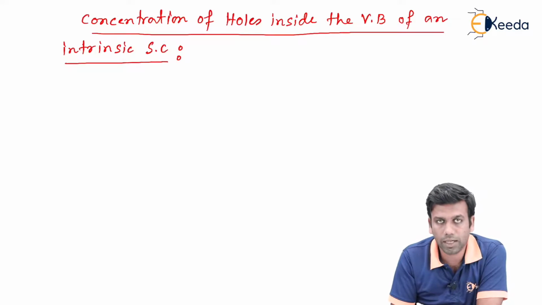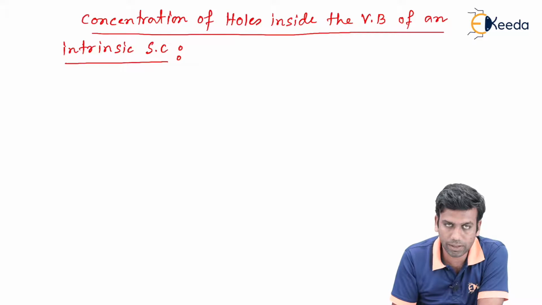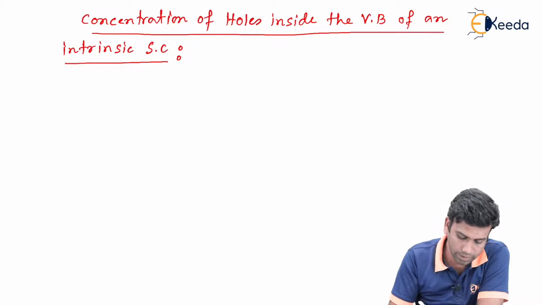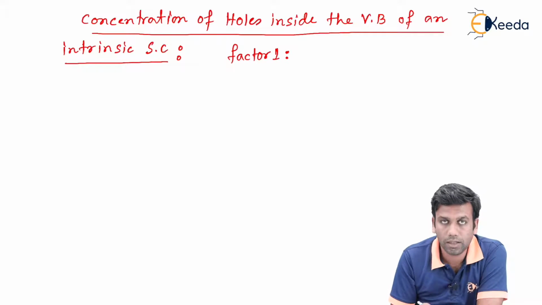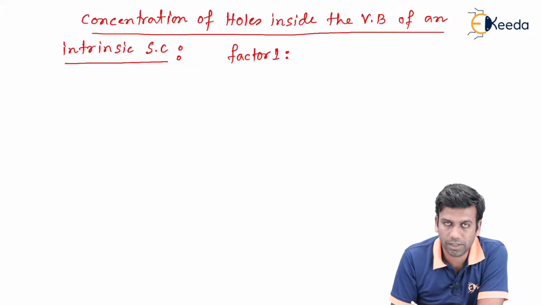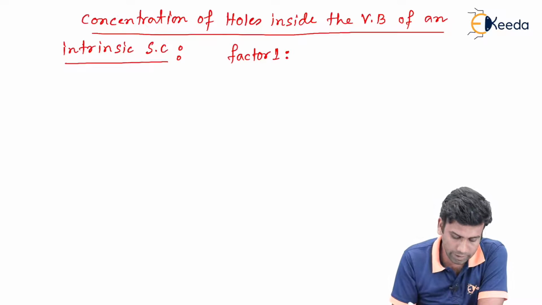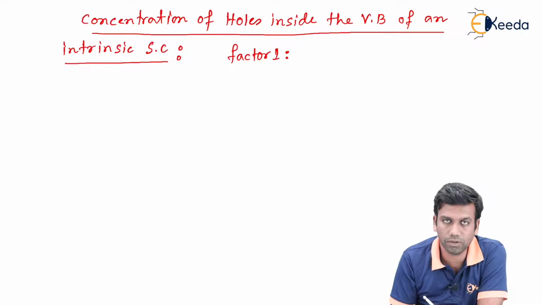As we have discussed earlier, two factors will determine the concentration of carriers. The first factor is the distribution of energy states inside the conduction band or the valence band. In this case, we will take the valence band because it is the concentration of holes, and holes will reside inside the valence band.